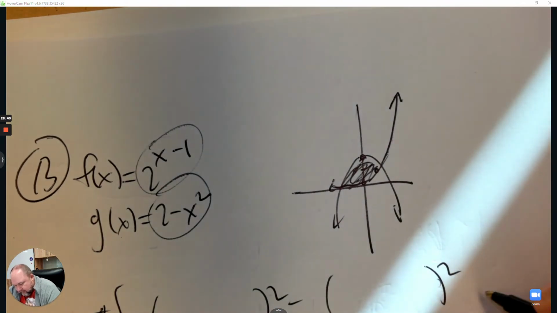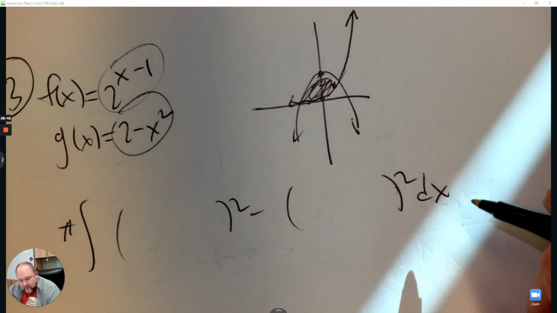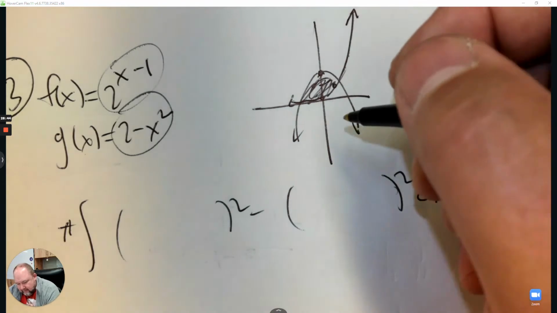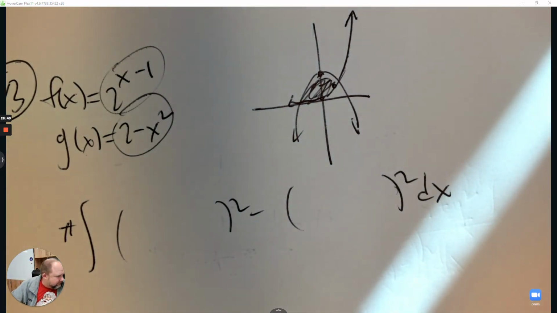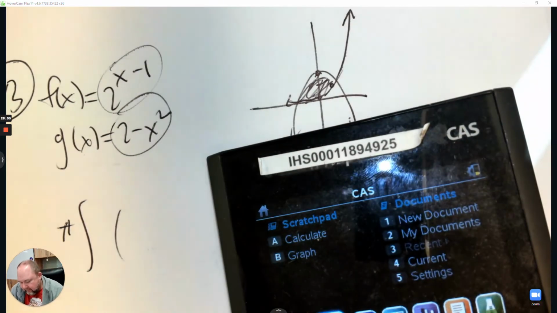So there's a space there, and then it's bounded. So we're going to use our calculator to find the bounds. So we find the bounds by making them equal to each other.